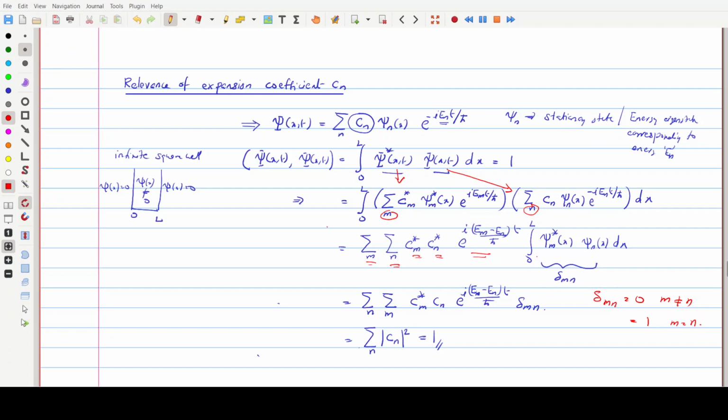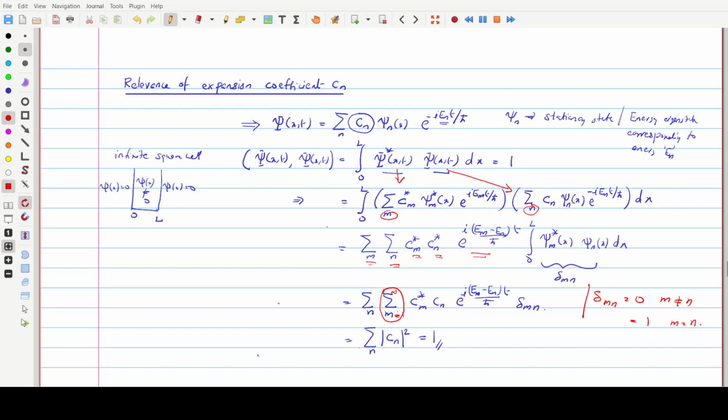If you use this result and perform this sum, what I am going to do is perform the summation over m first. So I am summing over m, which can run from 1 to infinity. But Cn, the n will be a fixed number if you are summing only over m.